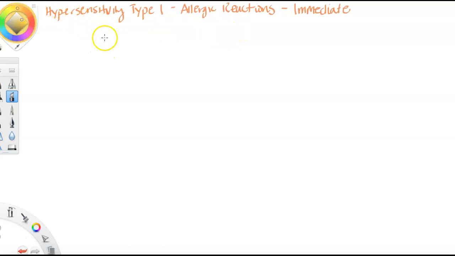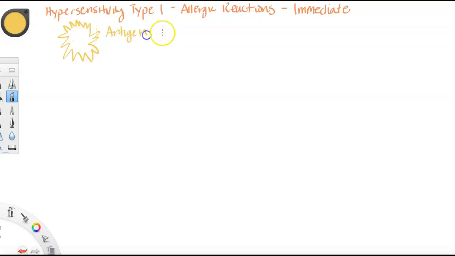So in this type of hypersensitivity, you've got this antigen. So here's this antigen. Okay, so antigen or allergen, however you want to say.